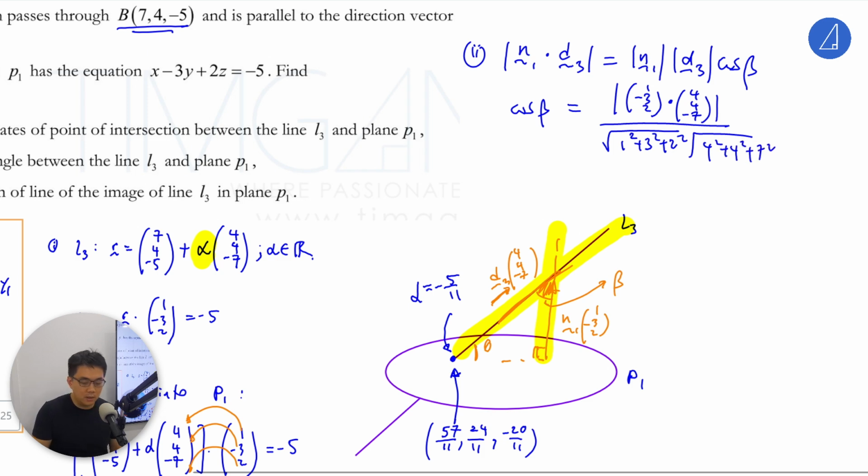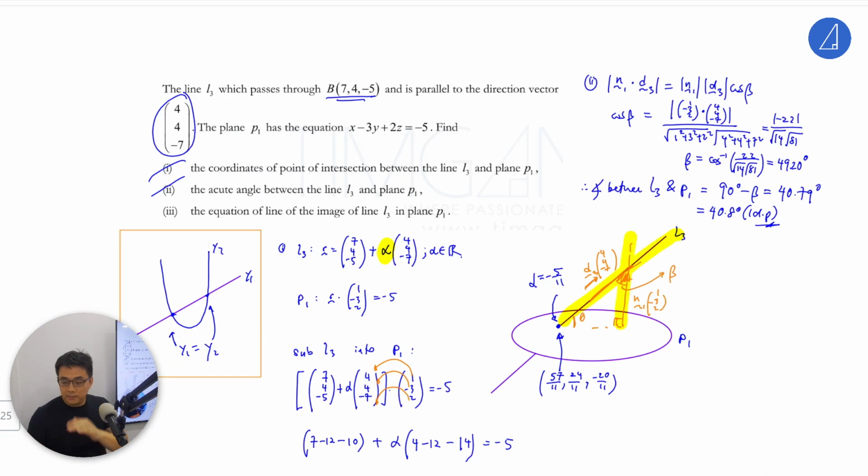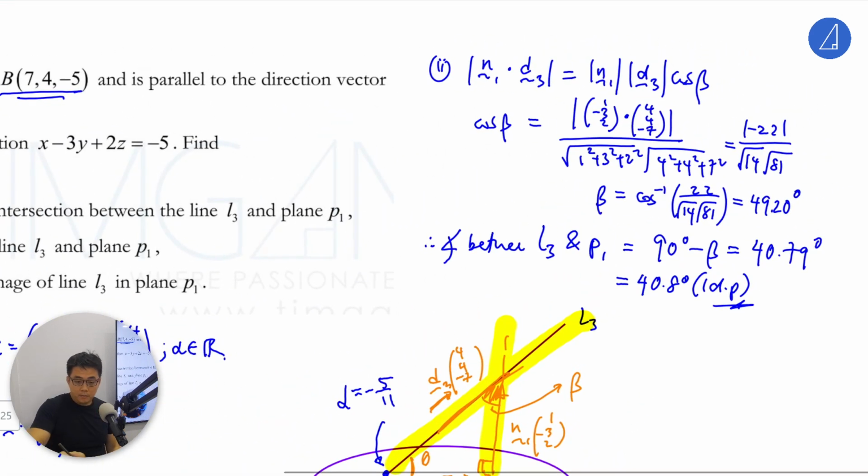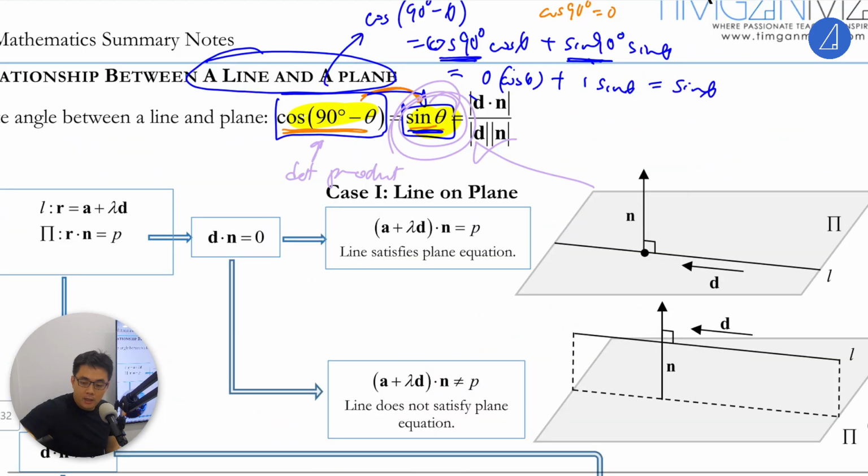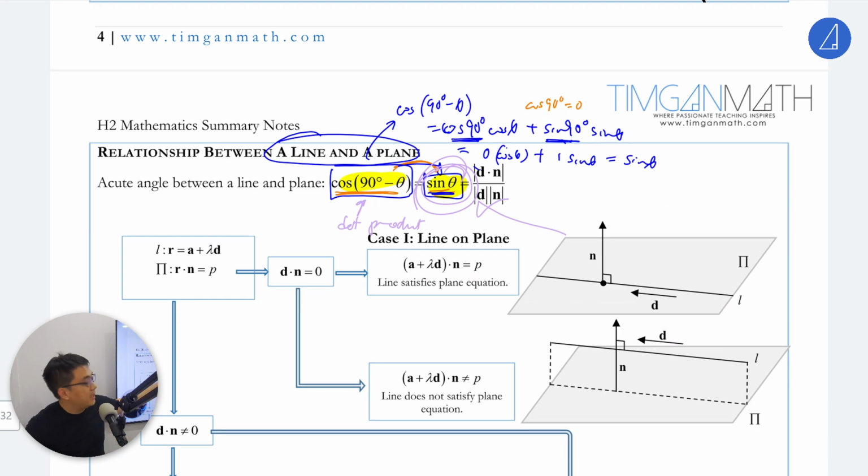Okay, so you just do this in calculator. Okay, that's it. You get this one. If you want to pick the most messed up relationship, that is why it's line and plane.